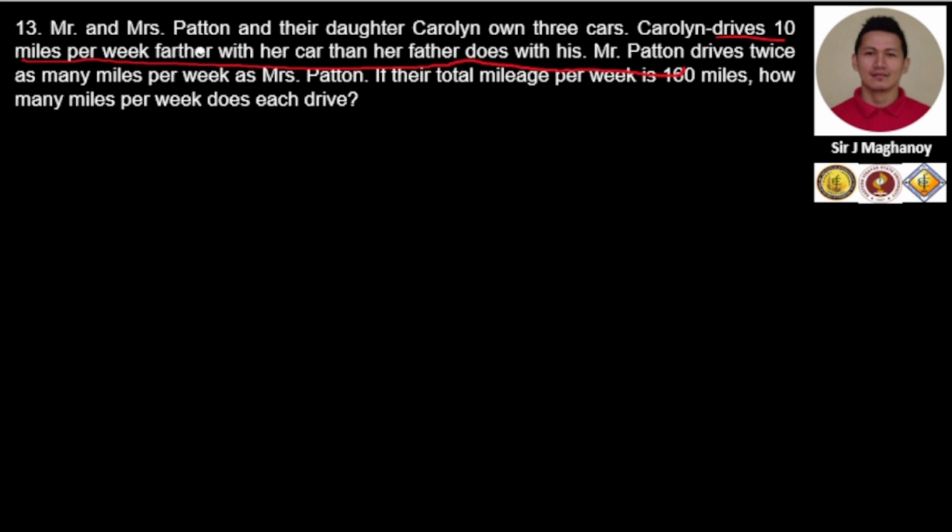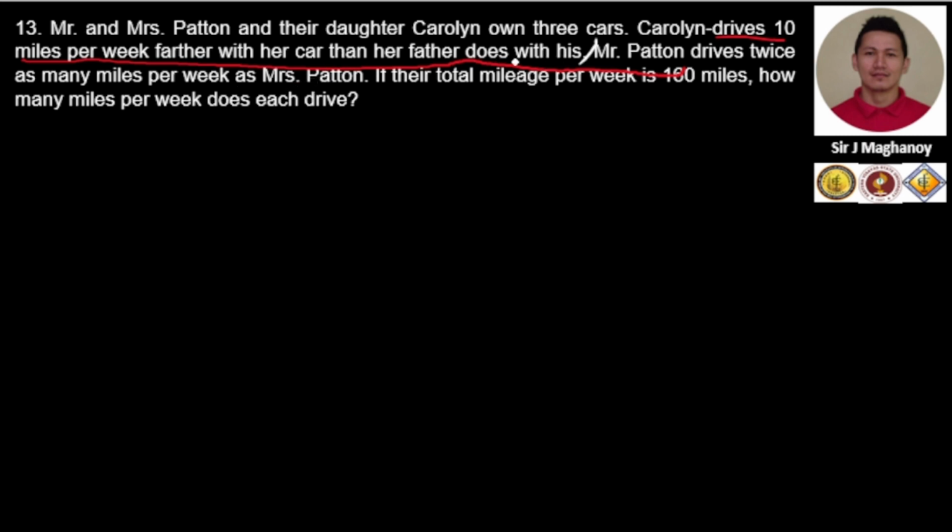If we base our equation on the statement, it would be confusing. So maybe we can simplify: Carolyn drives 10 miles per week more than her father. Okay? So if we let, let's assume the smallest travel.